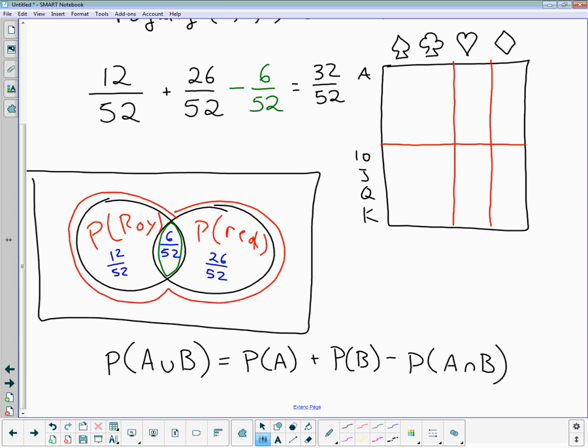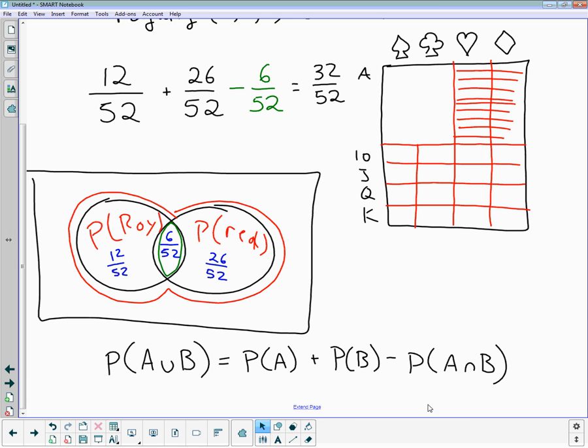If we were to look at all of these, we have 9 cards here, and now 4 by 4, so we have 16 here.